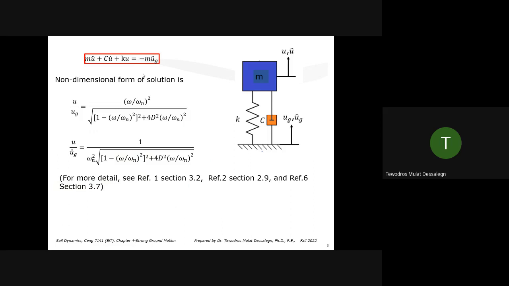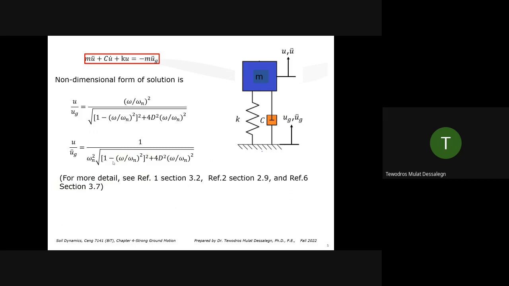Now, the solution of this equation, we saw that it has a non-dimensional form of, let's say, U by UG, the mass displacement by the ground displacement. It has this form. Omega is the forcing frequency from the seismic. Omega n is the system frequency, the mass and the ground where it's attached, or the rope or the wire in this case. So it's in the form of a function of the frequency ratio, omega by omega n. It's also a function of the damping ratio.